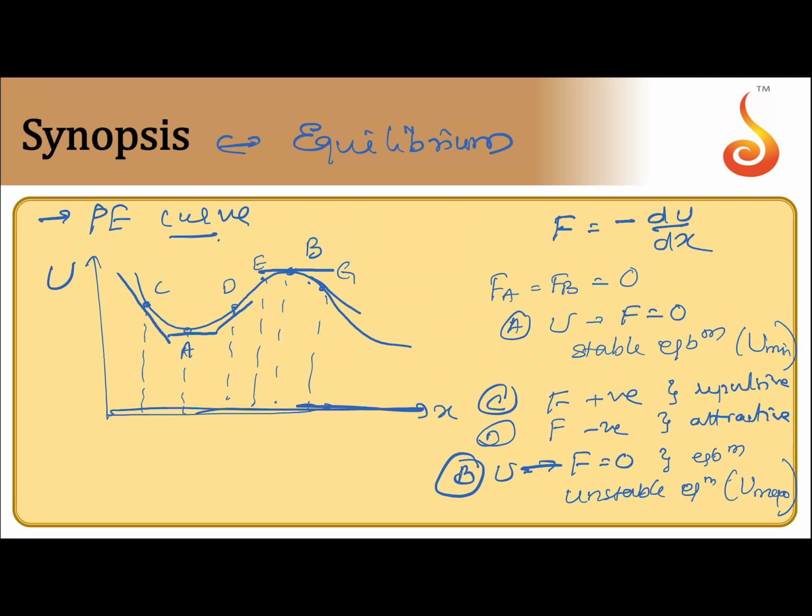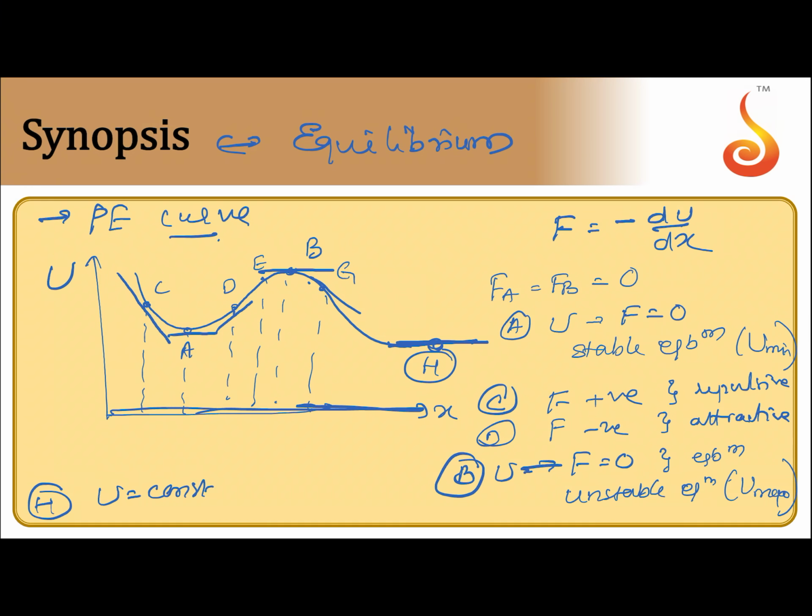Let's assume that this curve is drawn like this. Let's assume that subsequently the curve is here, and I'll consider one more point. This is point H. Now at point H, you notice that the potential energy remains constant. Even if I displace the object, the potential energy remains constant around that point.